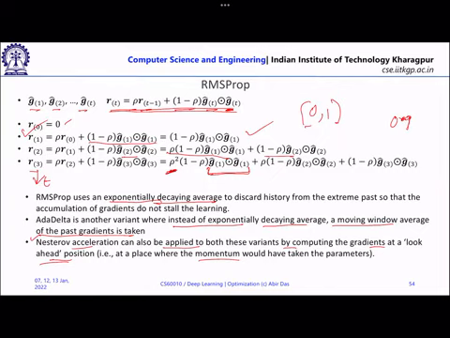Then, since R0 is initialized with 0, this R1 is kind of dictated by R0. Because what is R1? It is 0.9 times R0 plus 0.1 times G1 multiplied with G1.